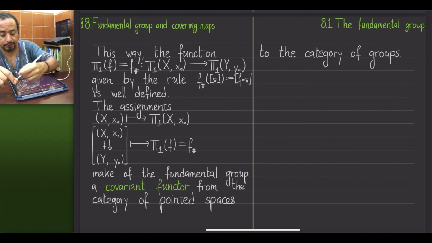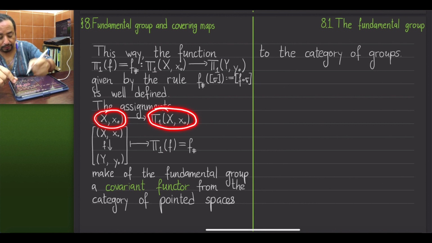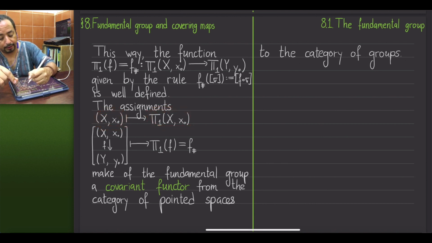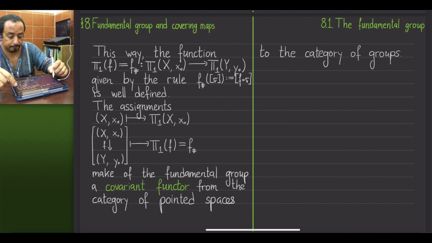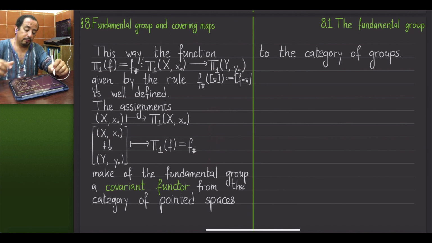And the consequence is that this assignment, which to each pointed space associates the corresponding fundamental group, and to each morphism of pointed spaces associates this group homomorphism between the fundamental groups, conforms a functor.